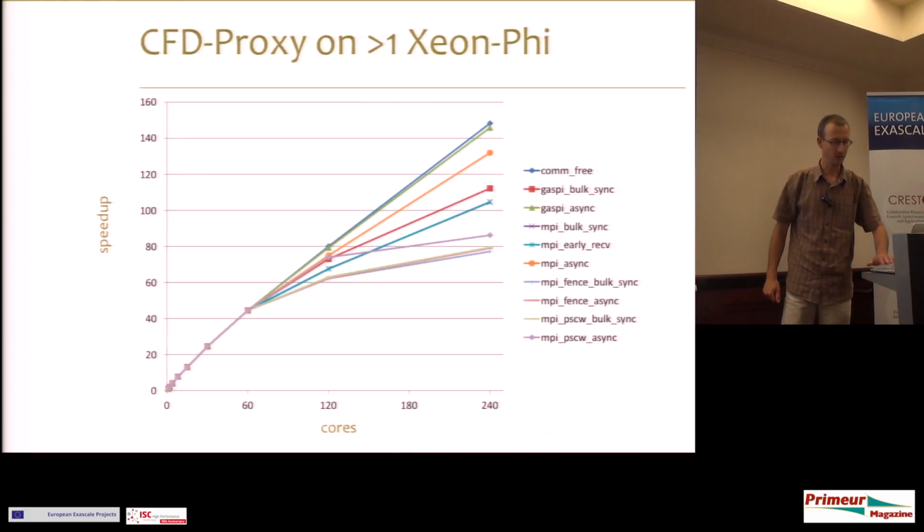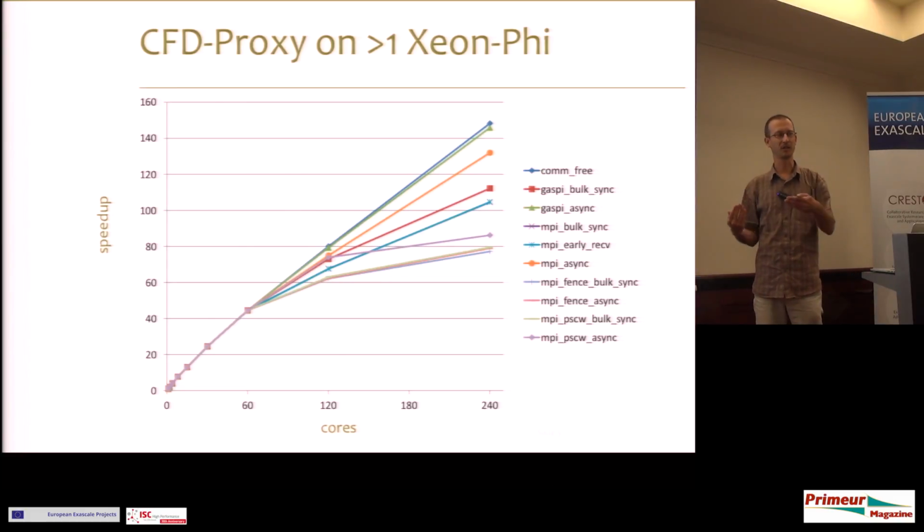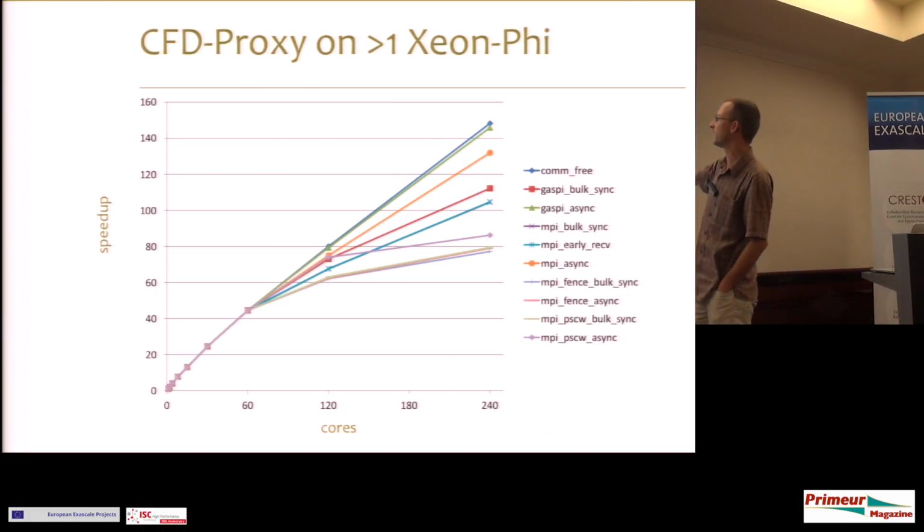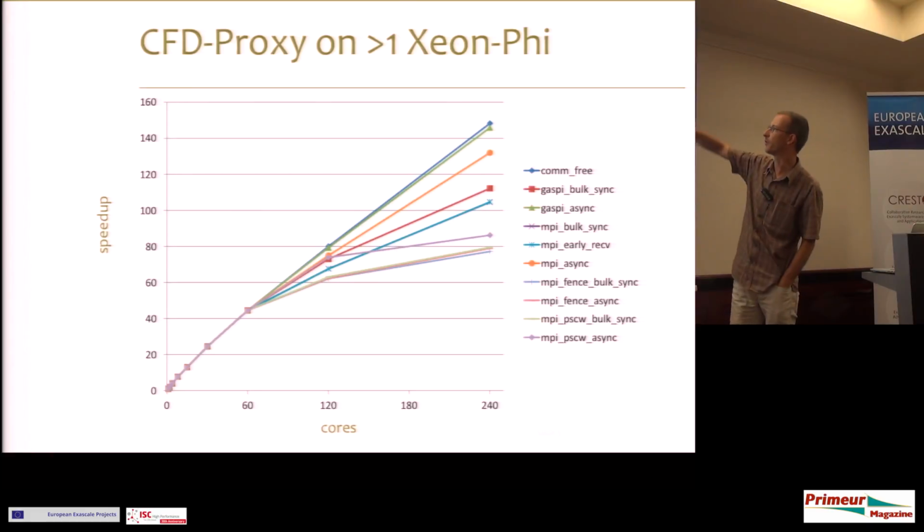So how does it scale? Well, there are many ways in which you can overlap this communication and computation. Because if you don't overlap communication and computation, the application becomes so communication dominant that it won't scale well. The key point is there are many different versions.